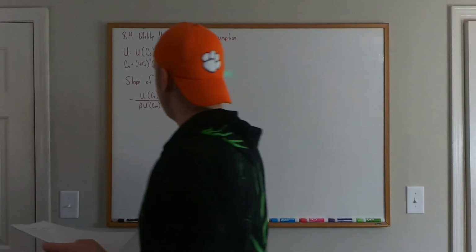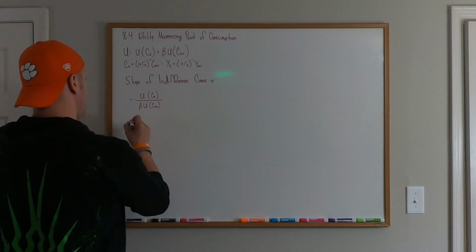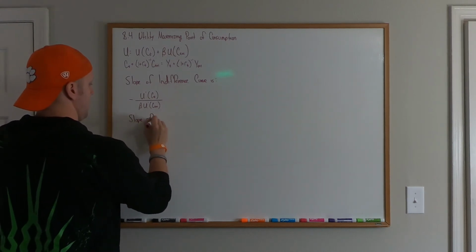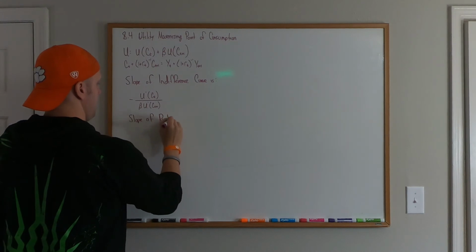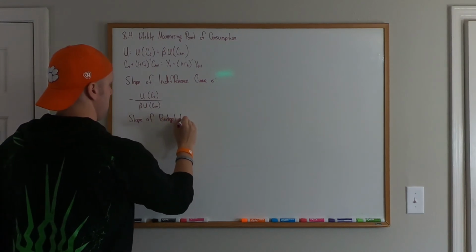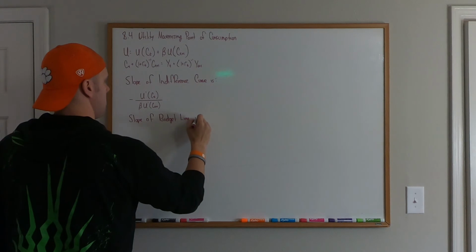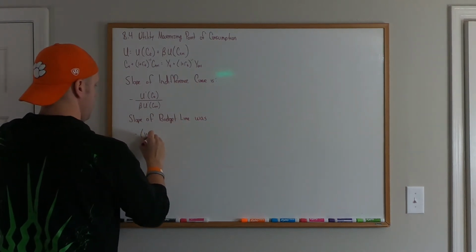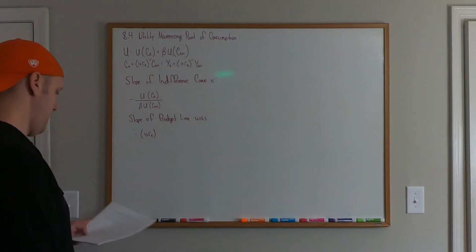And if you remember, the slope of the budget line is negative (1 plus r).